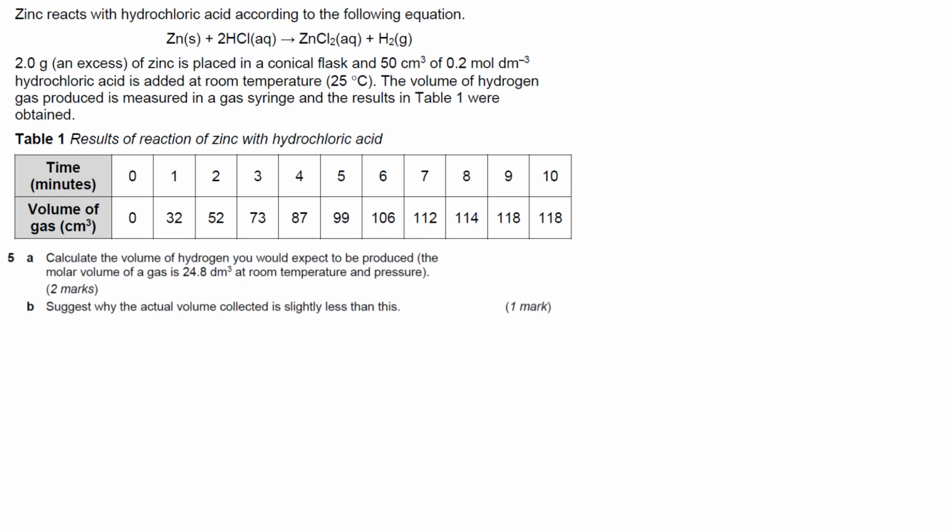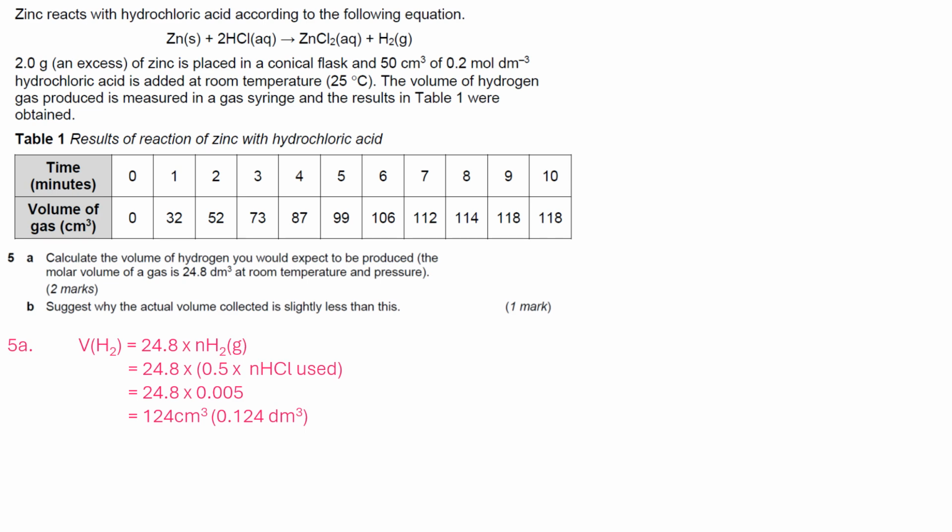So the final part asks you to calculate the volume of hydrogen you would expect to be produced. The molar volume of a gas is 24.8 decimeters cubed at room temperature and pressure. So for the first one, you end up with 124 centimeters cubed. Now, the reason we're using 0.5 times the number of moles of HCl used is you can see that there's a 2 to 1 mole ratio between the HCl and the hydrogen gas.